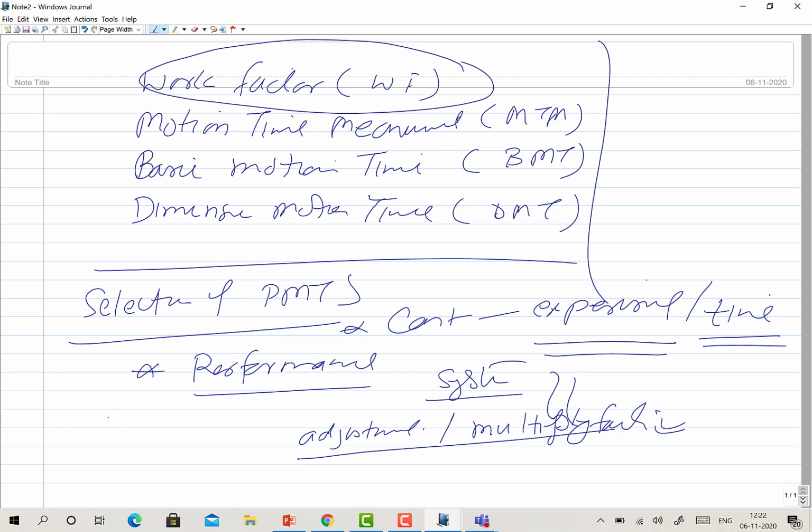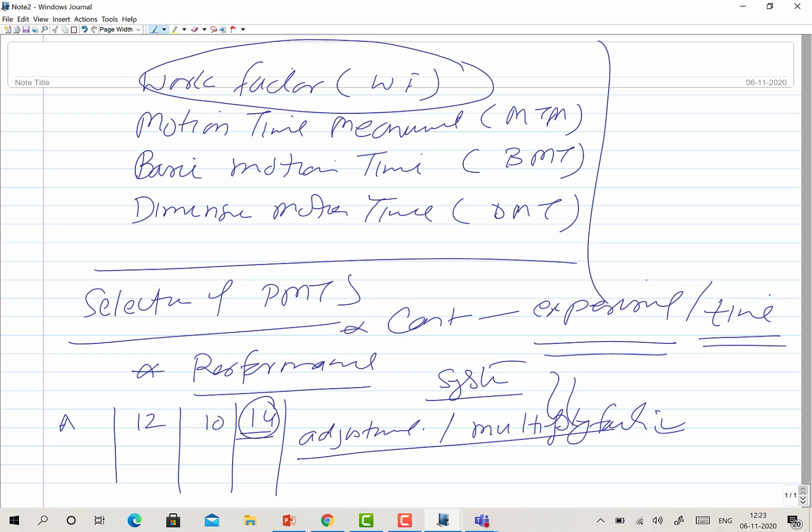So I'll give one example. Activity A in a system for which the study was performed takes 12 seconds. When the same activity is performed in another system where people are more efficient, they may multiply some factor and the time comes out as 10 seconds, and where people are slow, they may add some time by using another multiplying factor, giving a time of 14 seconds.